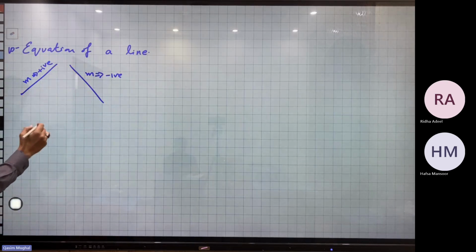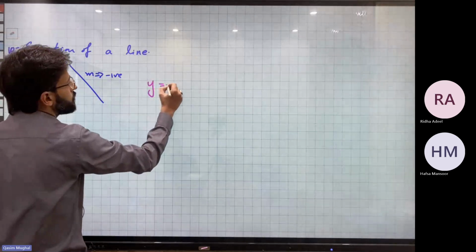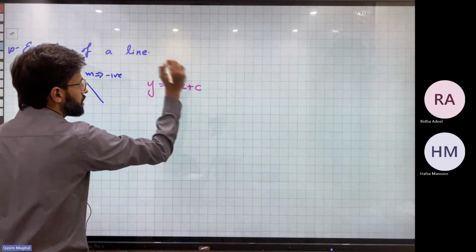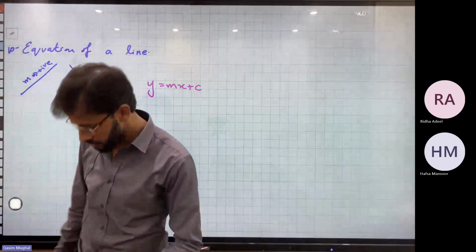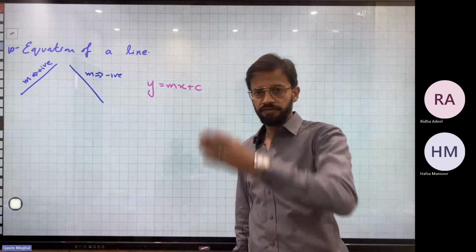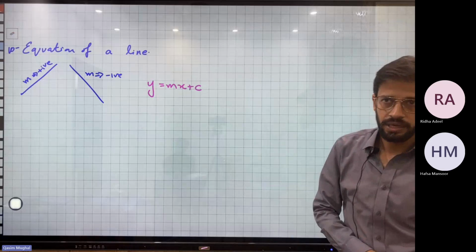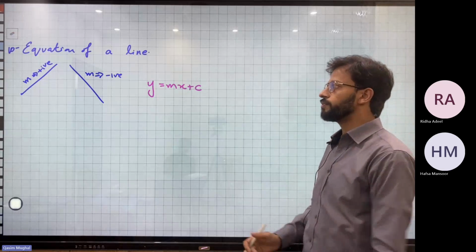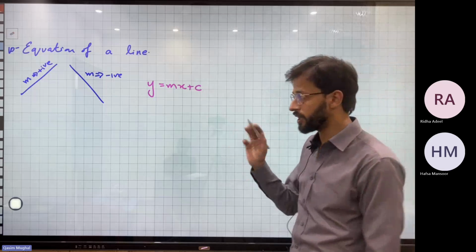For these two types of line, we have a standard form of equation y = mx + c. m is the gradient, c is the y-intercept. Y-intercept is a point on the y-axis. We just studied on the previous page that on the y-axis, x value is 0. Okay? So this is basically the y value only because x is 0 there.